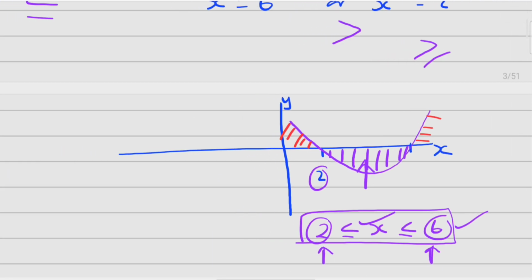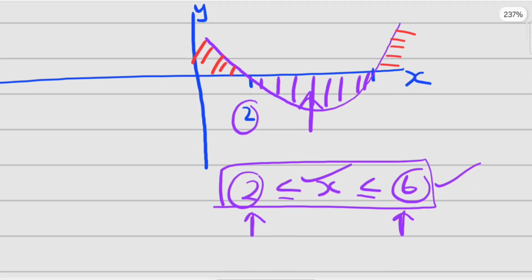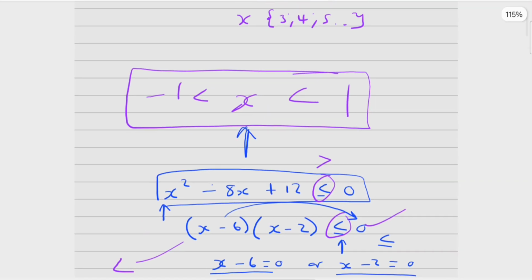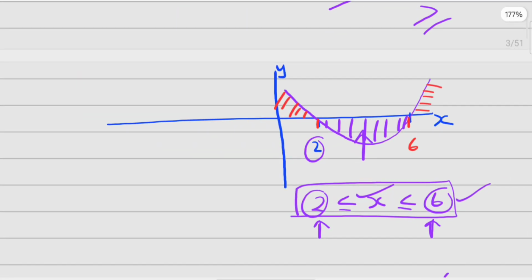And for us to label these regions, we're still using our 2 and our 6, but this time, we will be saying x less than 2. Then we put a union, because this is a set of values giving us that region.